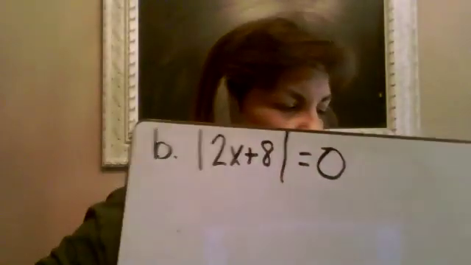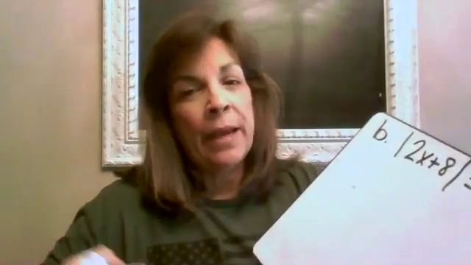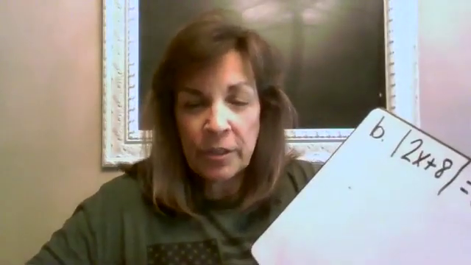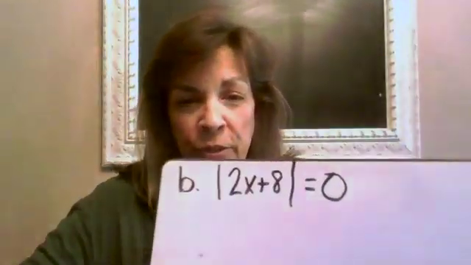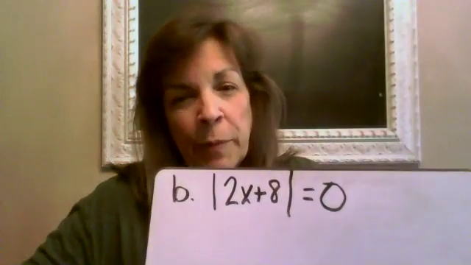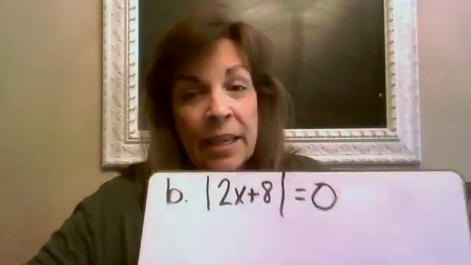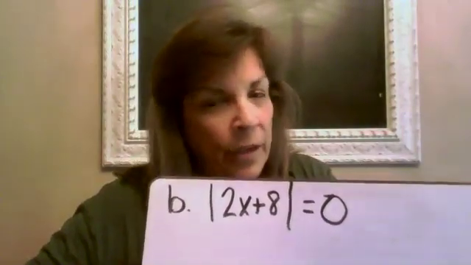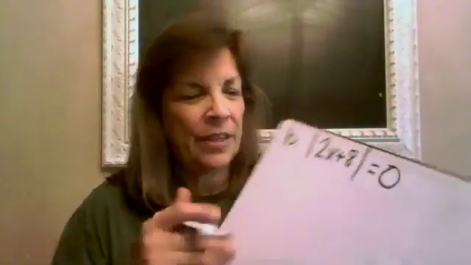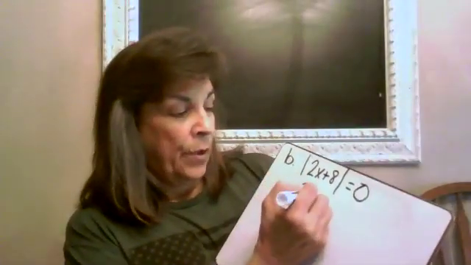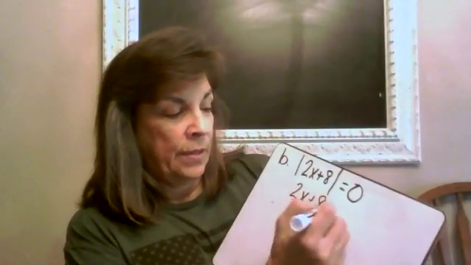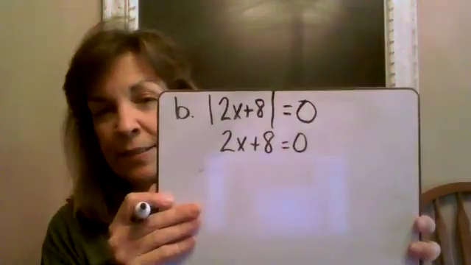Normally, we would solve this by two answers. We have to take the answer and we solve it by the positive form and the negative form. In this case, can 0 be positive or negative? No, 0 is 0. So all we have to do is solve for x.